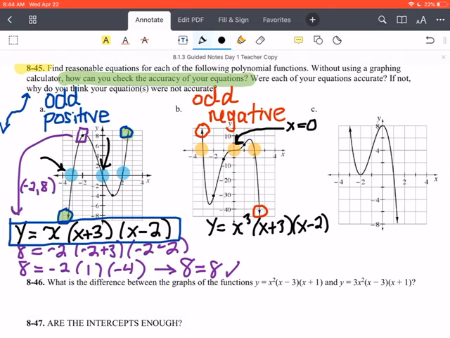Okay. So now, again, we want to check the accuracy, and if you notice, the scale on the y-axis is going up by 5s, but they did give us a lattice point. I want to use this nice point right here, which is (1, 4).